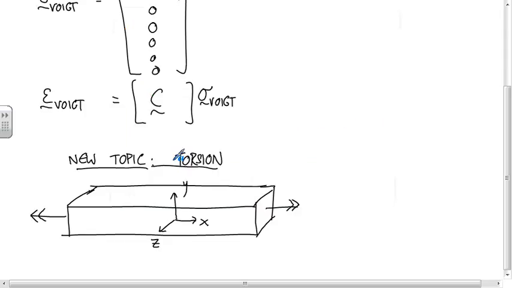We have one mathematical preliminary that we have to go through before we can deal with that. So torsion will require one new, I guess I'll call it a mathematical skill.